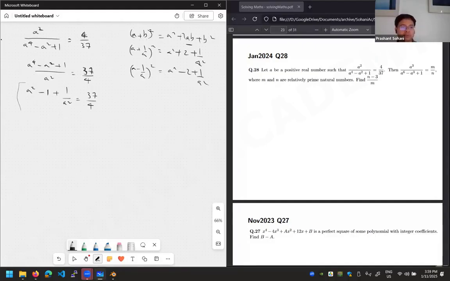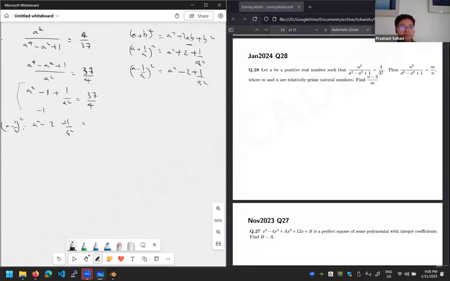So that should remind you that, okay, with some adjustment, can I make this a perfect square? So if I just look at the middle term, this minus 1, if I subtract one more 1, it will become a square minus 2 plus 1 over a square. Okay. So that is (a minus 1 by a) bracket square. But this is where some sort of forethought or planning could be useful.